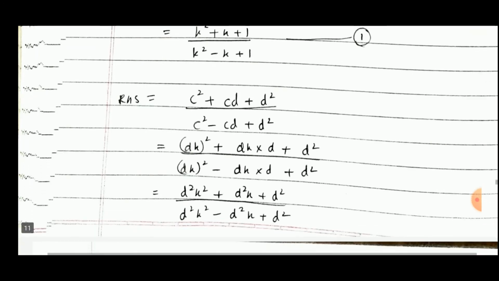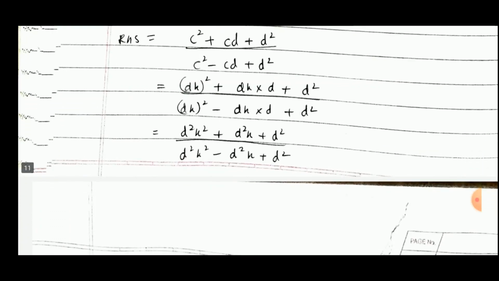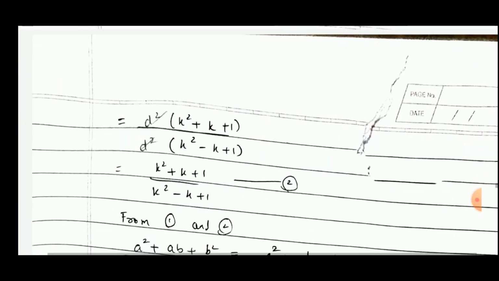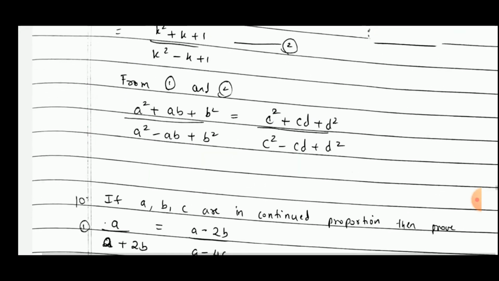So substitute the value of c is equal to dk. So this becomes d square k square plus d square k plus d square upon d square k square minus d square k plus d square. So take out d square common, k square plus k plus 1 upon k square minus k plus 1. So from 1 and 2, LHS is equal to RHS.